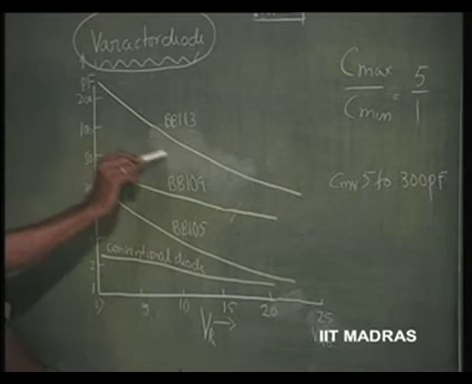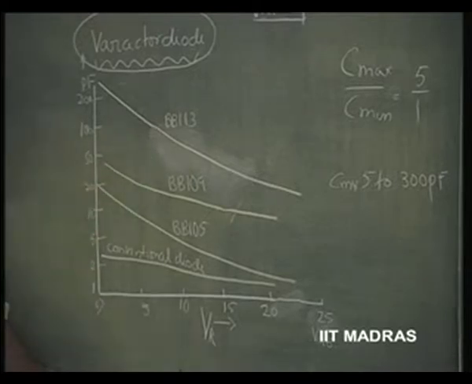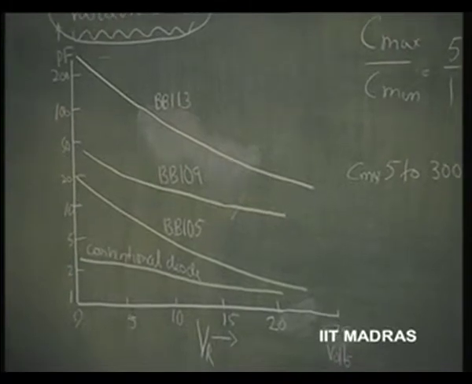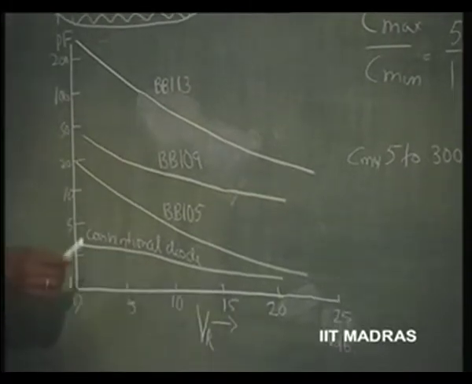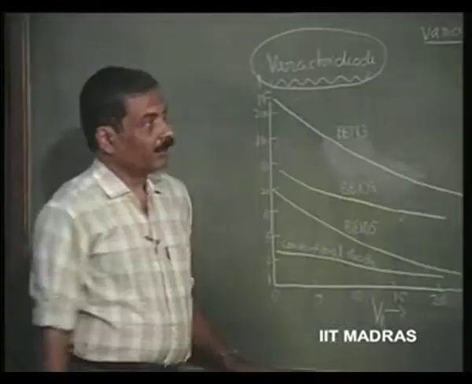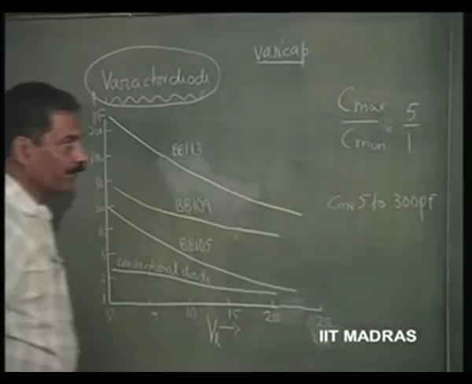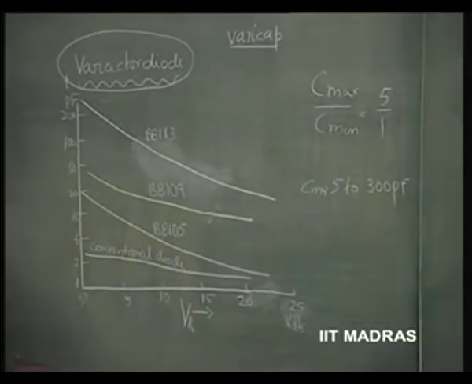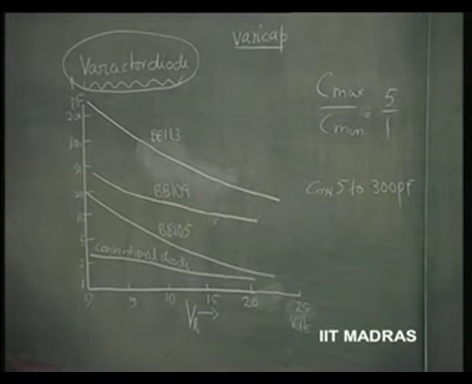Whereas these have been specially taken care of to see that the capacitance variation is maximum for the voltage that is changed from maybe 0 to 25 volts, typical change in bias voltage of these variable capacitors. So, maximum to minimum you should have normally as high a ratio as 5, typical.